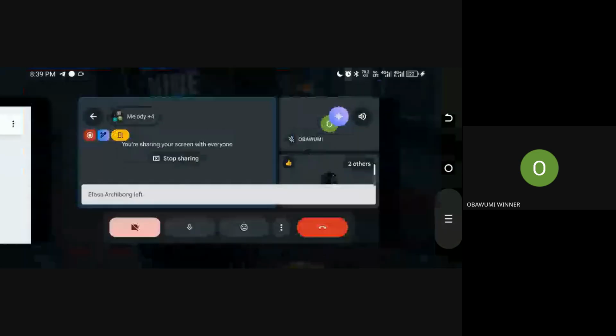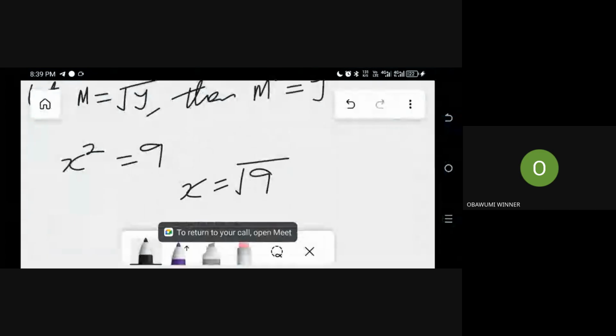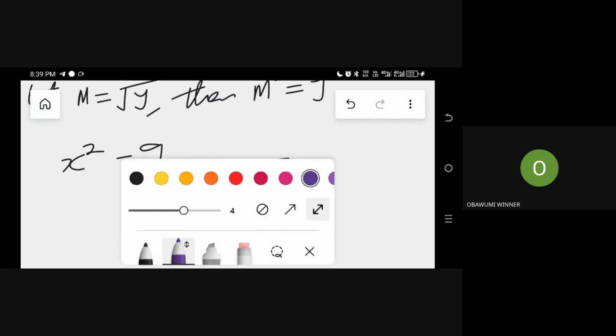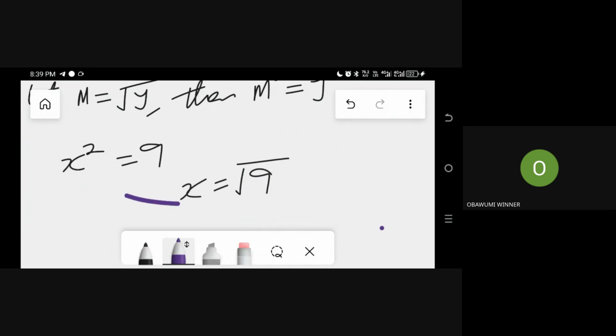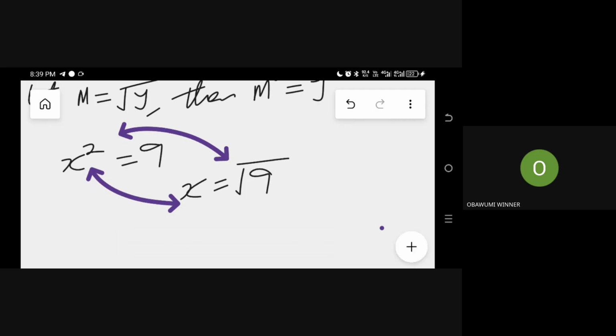Okay, all right. So if you say s squared is equal to 9, it means s is equal to the square root of 9. This is something you can actually reverse. If s squared is equal to 9, then s is equal to the square root of 9.